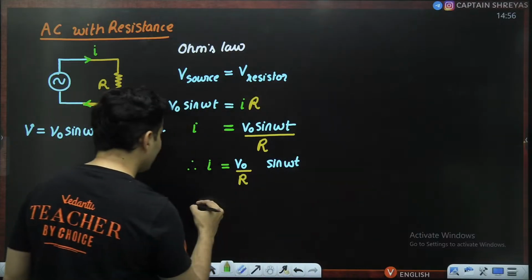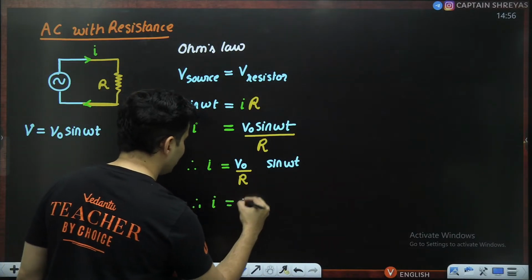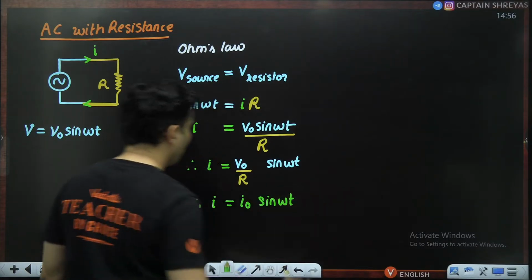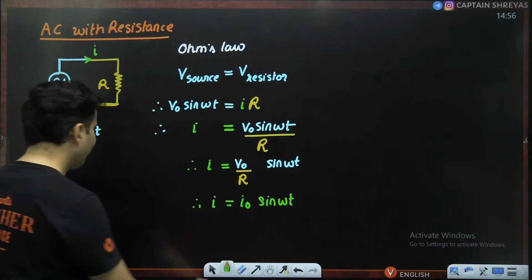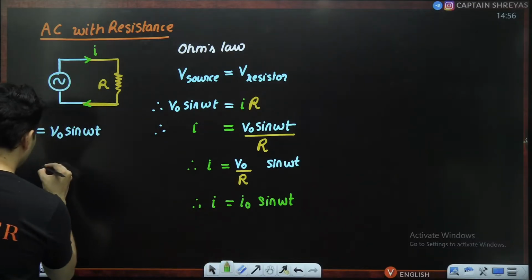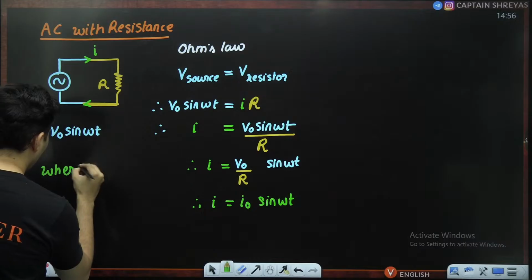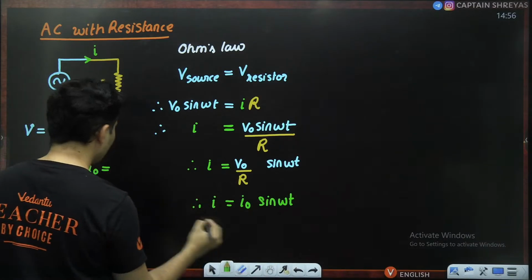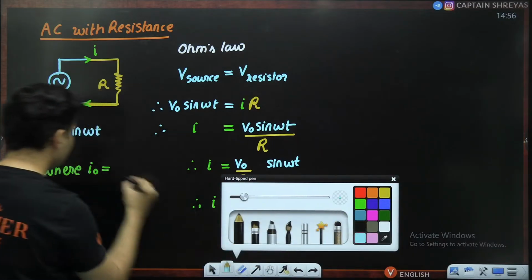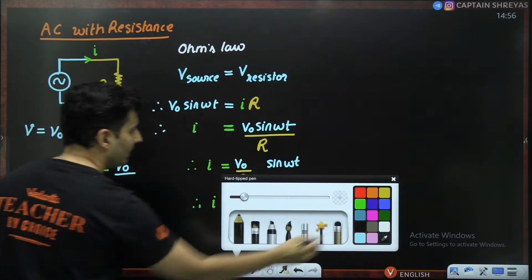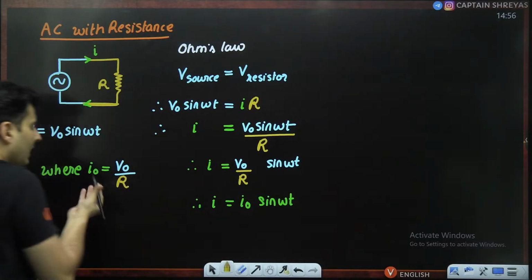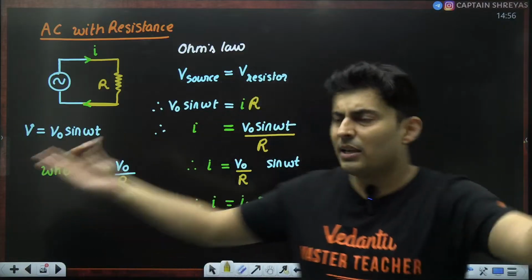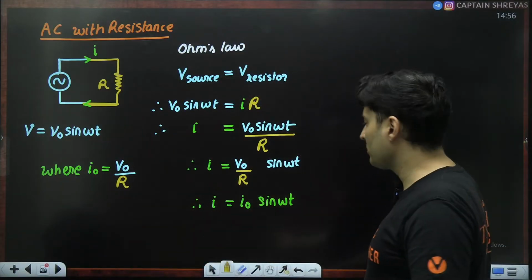So I can just think of it as I naught into sine omega t, where I naught is nothing but V naught by R, the voltage divided by the resistance. Exactly what you would expect. Current is voltage by resistance. That is what you would expect from Ohm's law or any Kirchhoff's law.